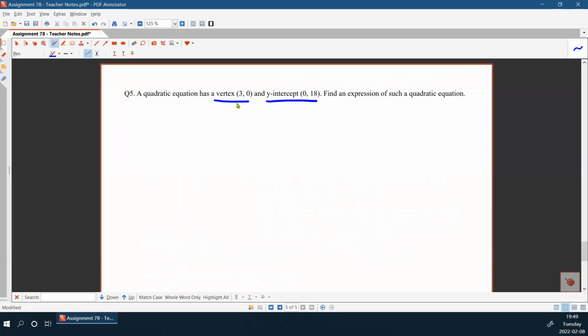Again, because we know the coordinates of the vertex, we can suppose the function is, we can use a vertex form, right? Vertex form is y equals a times x minus h squared plus k.